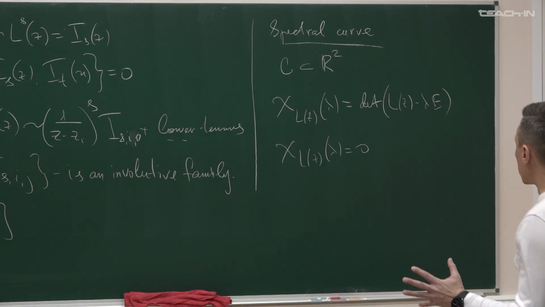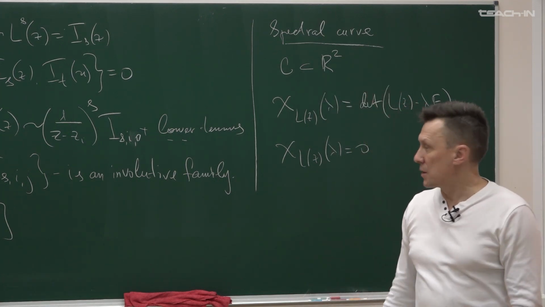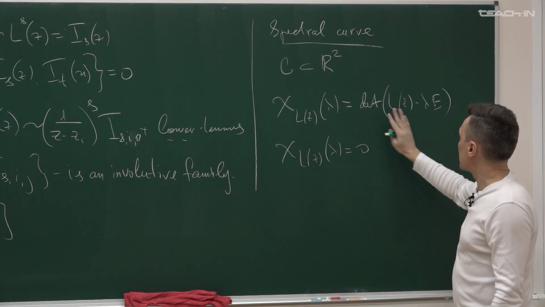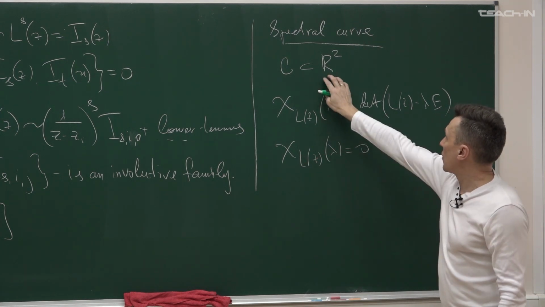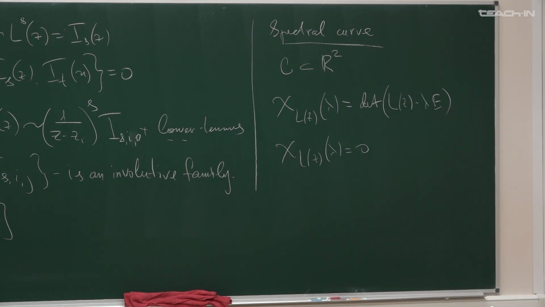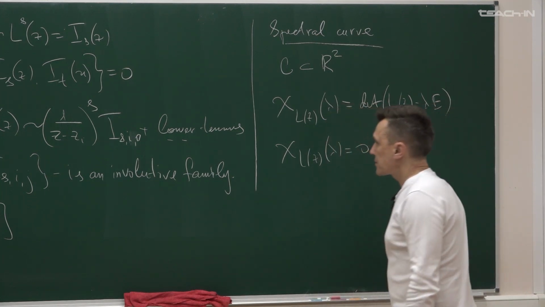So the open part of the projective curve is given just by this equation on the two-dimensional space. And many of the algebraic geometric properties of this curve are intrinsically important for the integrability. So we will discuss some issues of this fact.